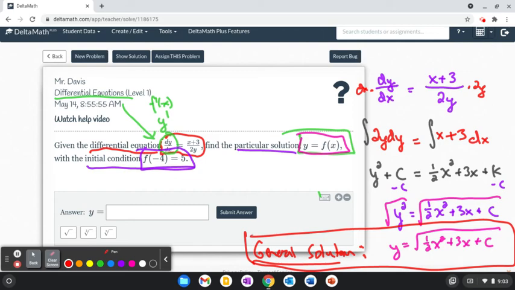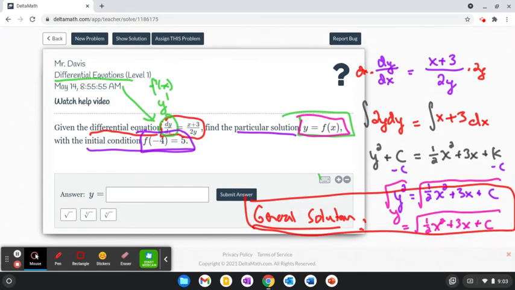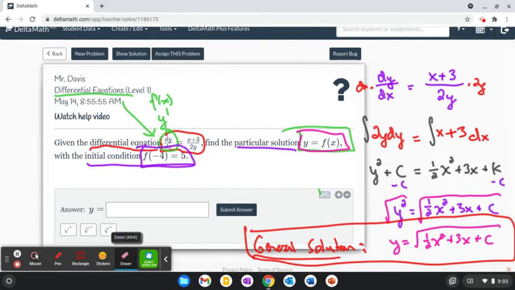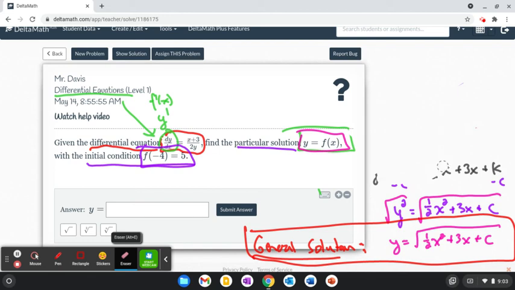I'm going to go ahead and erase some of that stuff up top so I can show you how to get the particular solution, which is what we're asked to find in this problem. Okay, so if we're asked to find the particular solution, we are now going to use this initial condition. Okay, so the initial condition says f of -4 equals 5.